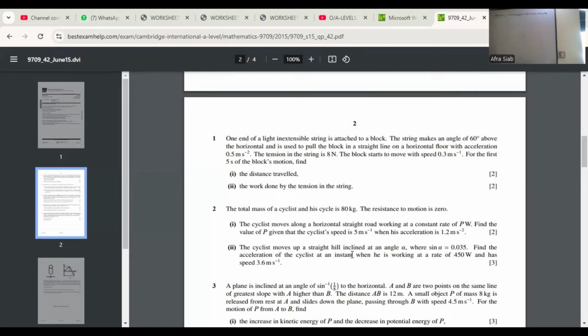The second part is, the cyclist moves up a straight line inclined at an angle of alpha, where sine of alpha is equal to 0.035. Find the acceleration of the cyclist at the instant when he is working at a rate of 450 watts and the speed is 3.6 meters per second.